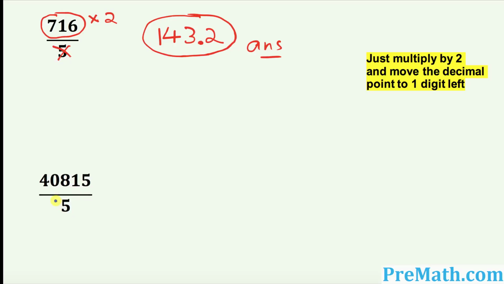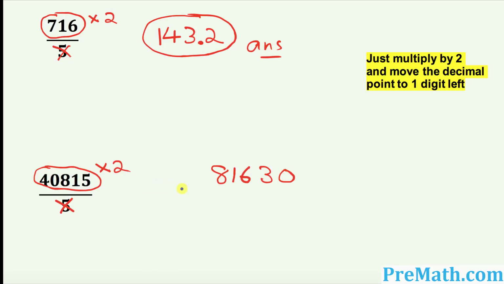How about look at this thing, 40815 divided by 5. Once again, do not divide by 5. Instead, multiply this whole number on the top by 2. Once you multiply by 2, that is going to give you what? Simple, isn't it? 8, 1, 6, 3, 0.